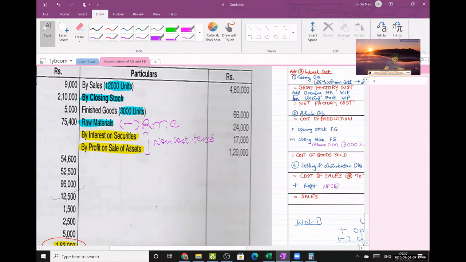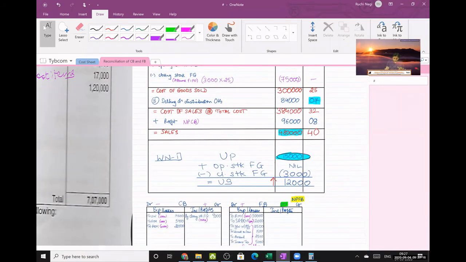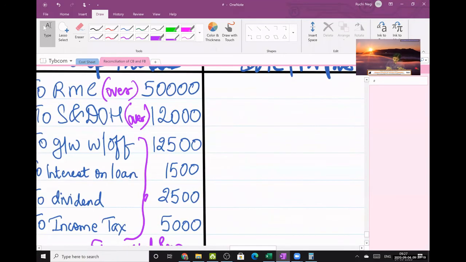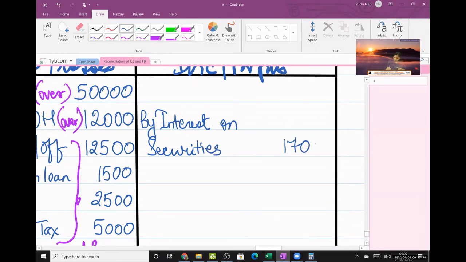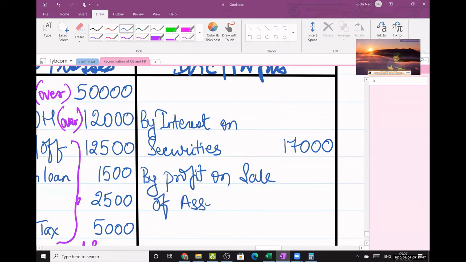Interest on securities 17,000 and profit on sale of asset 1,20,000.